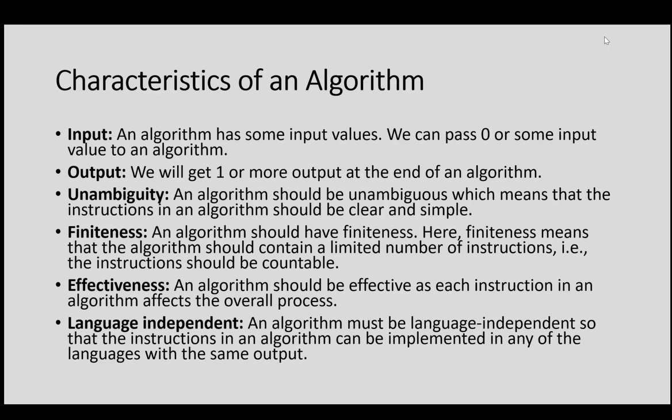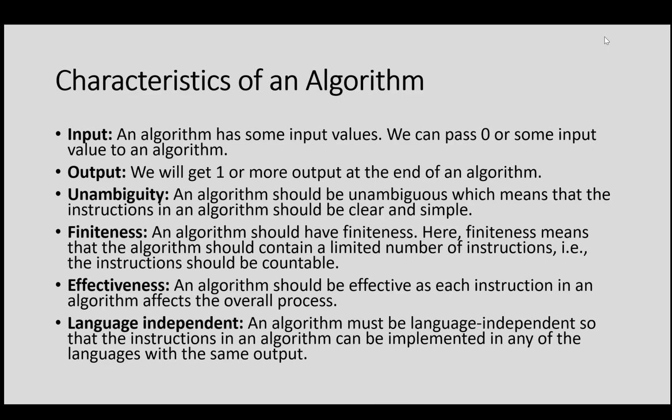The things need to be very specific and clear. It shouldn't be ambiguous. Ambiguous means one sentence having multiple meanings. The people looking at that algorithm shouldn't feel confused. So an algorithm must be unambiguous.